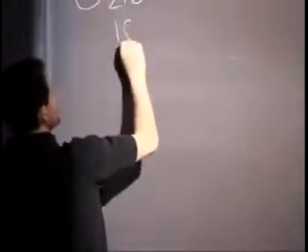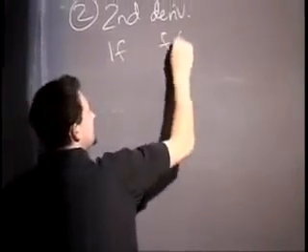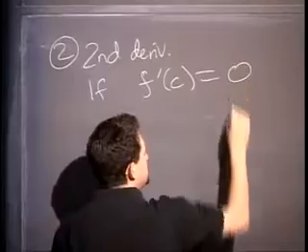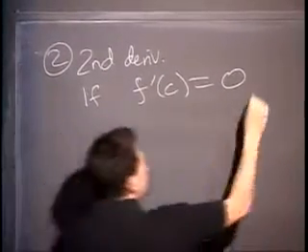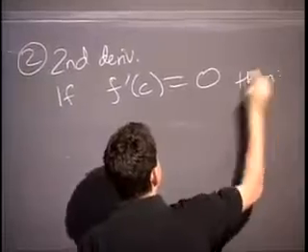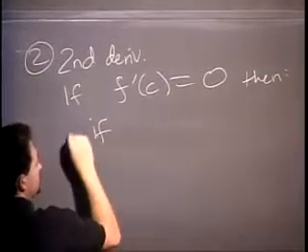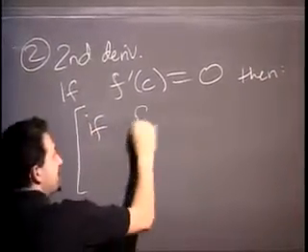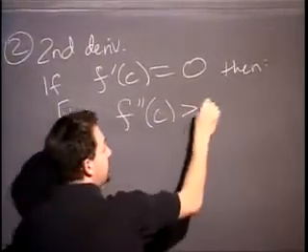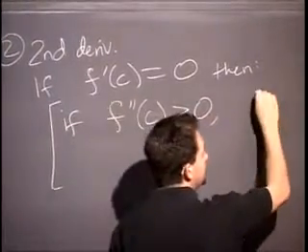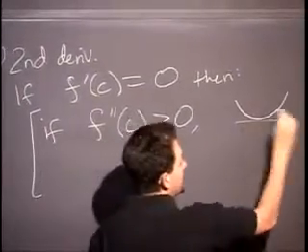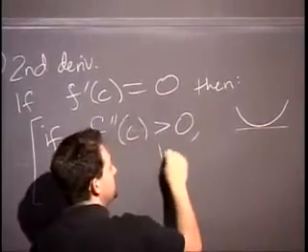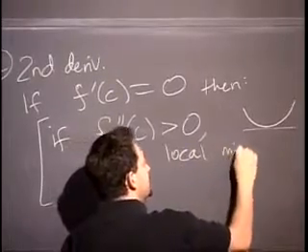So if c is a critical point in such a way that the derivative is 0 there, what we can say is, first of all, if the second derivative at that point is positive, the curve is concave up nearby. So you should draw a little picture and remind yourself that we must have a minimum, local minimum, at c.